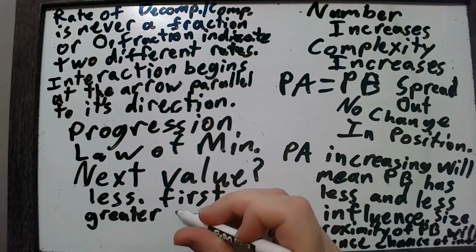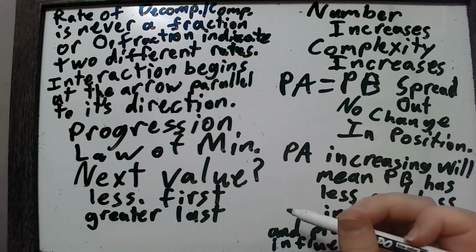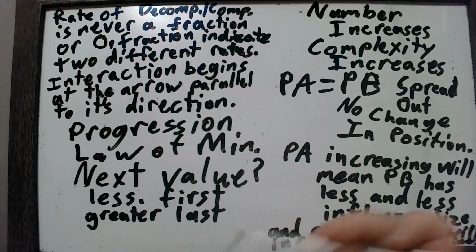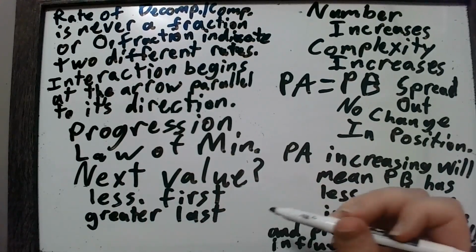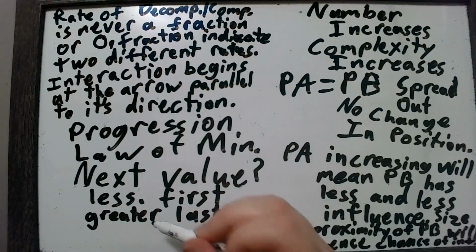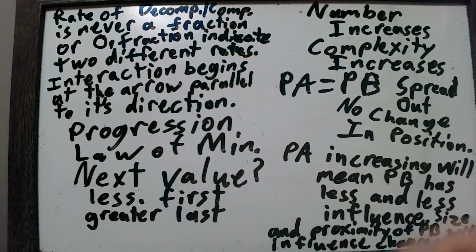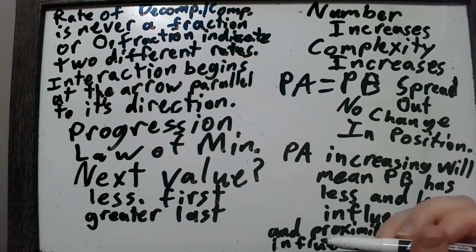Now, if it is greater, it is going to be last, or it is going to be, if the greater number is close to the number that is interacting with the pressure wave, if the two values of the expanding pressures are in close proximity to each other, what the greater value is going to do is lessen to a point where that value is no longer greater and is equal, and it's going to end up interacting with that number.